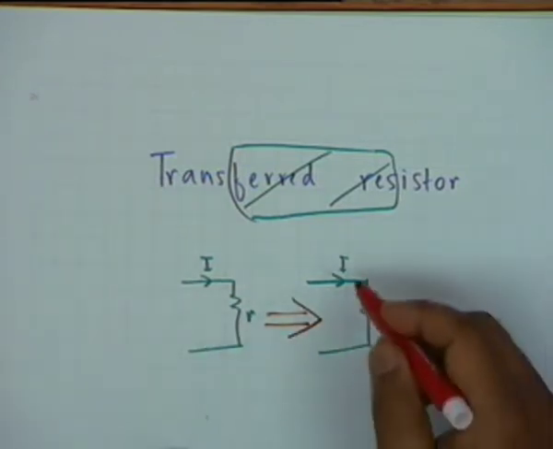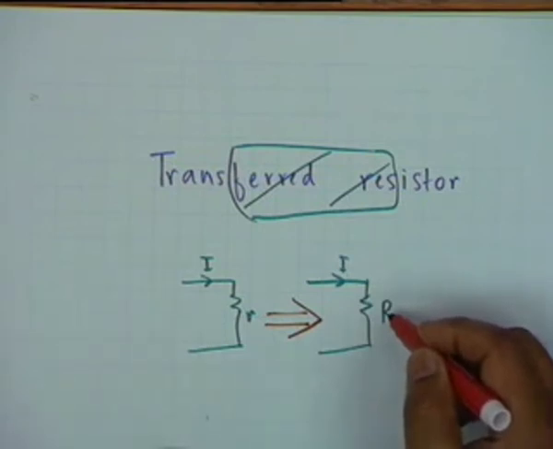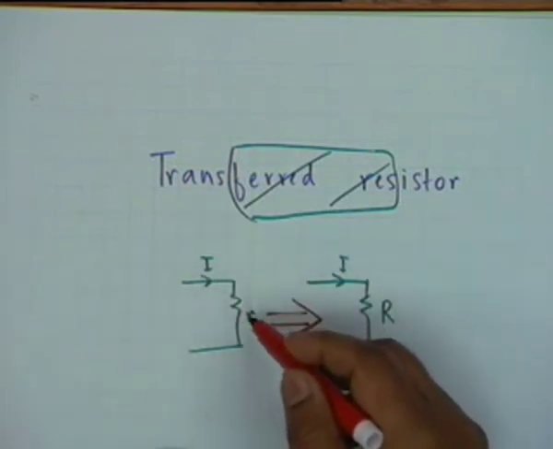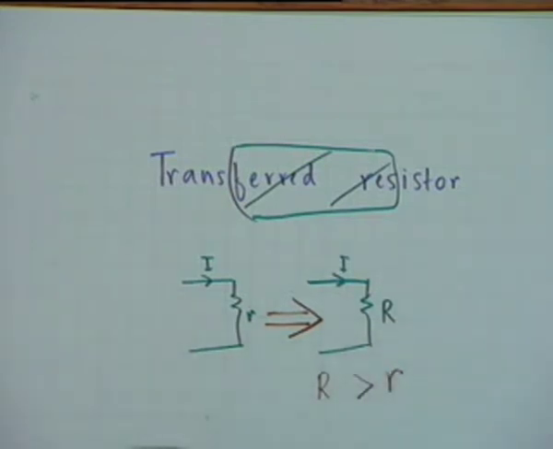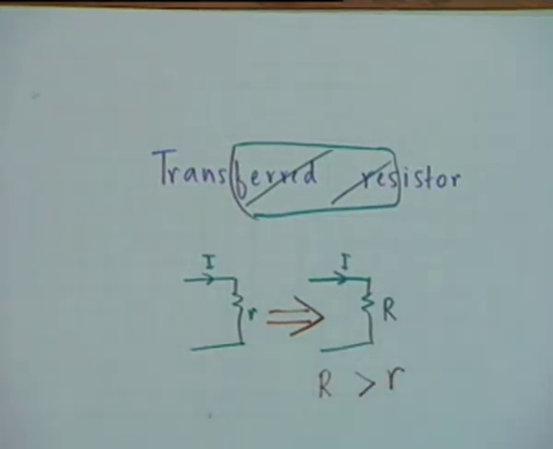The output voltage will be capital I times R, and input voltage is capital I times small r, and if capital R is greater than r, then obviously the output voltage is greater than the input voltage, which means that there is amplification. This is the basic reason why a transistor is called a transistor. Transistor actually means a transferred resistor.